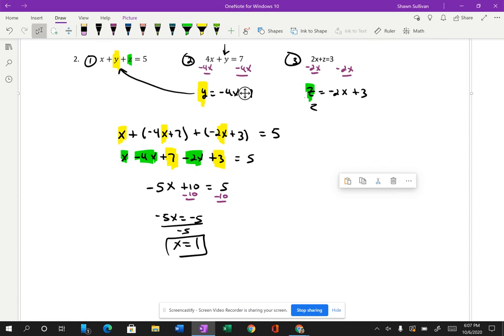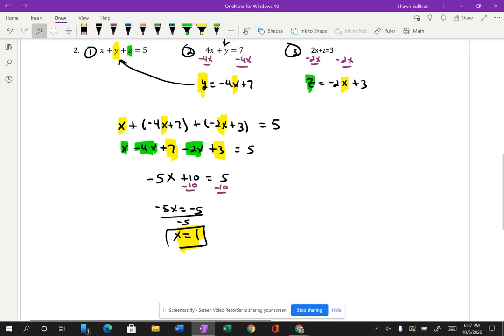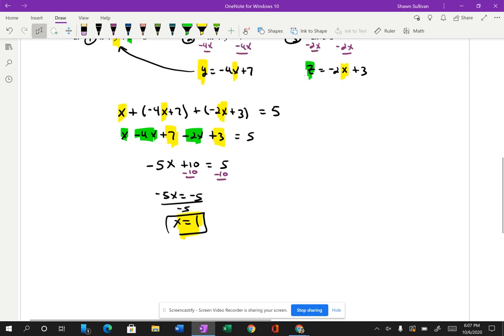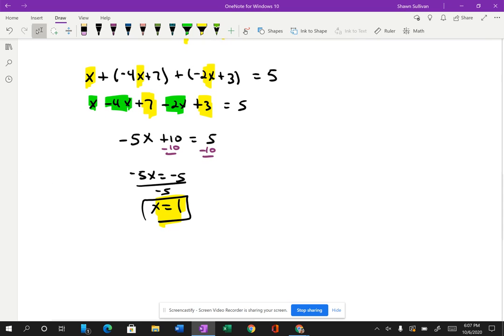And so we're going to use that, and plug into our second and third equation. We know what x is, and so we're going to plug that in for x, and plug that in for the other x, and solve for y and z. I'm just going to recopy my two equations down here, so we've got them a little bit easier to see. And so here we go.